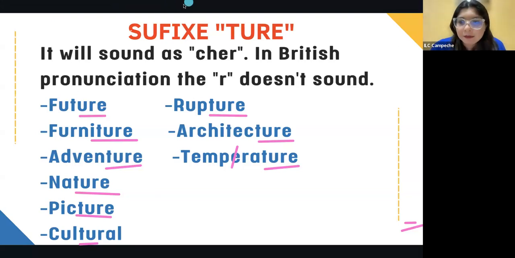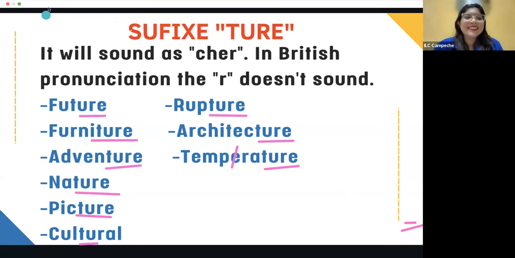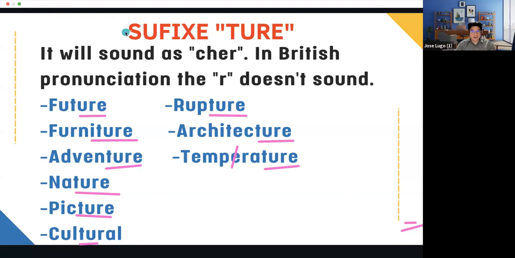Anybody wants to read? Maybe a teacher can help me choosing one of your students. Maybe Teacher Jose, you can choose one. Let's see, anybody from the class? Okay, let's ask Valentina.